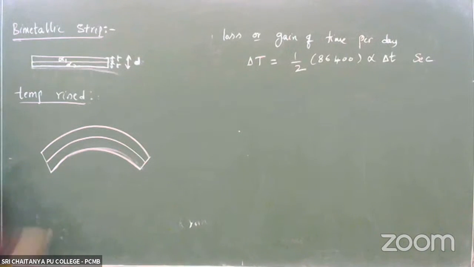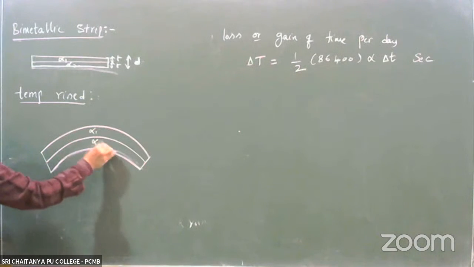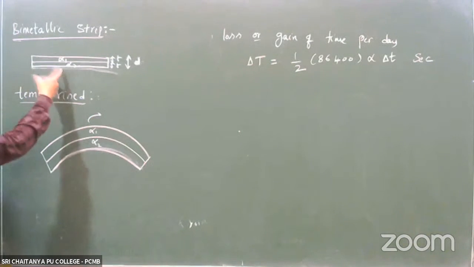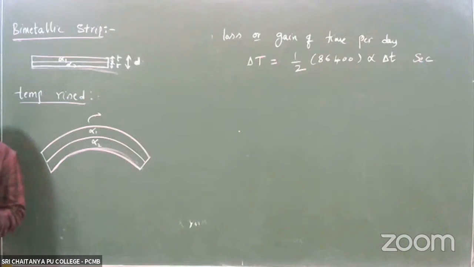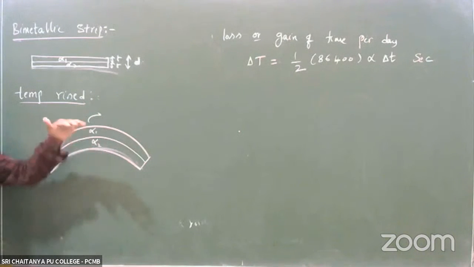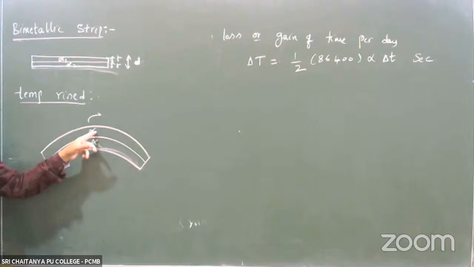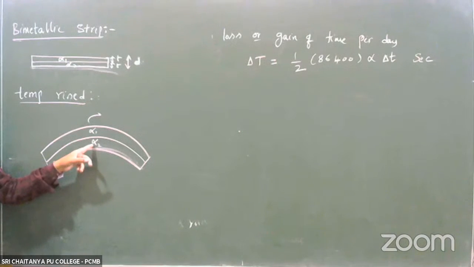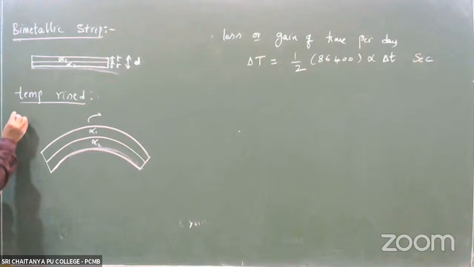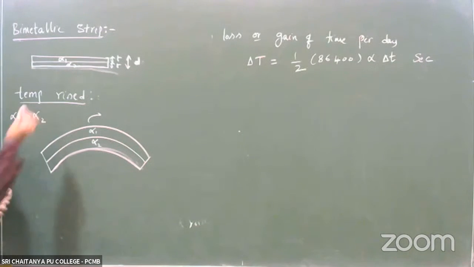In the exam, the question comes: which metal comes on the convex side, which metal comes on the concave side, whenever it is bent like an arc. The metal whose alpha value is greater expands more for the rise of temperature, so it comes on the convex side.